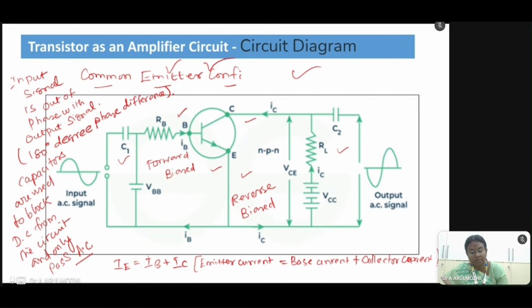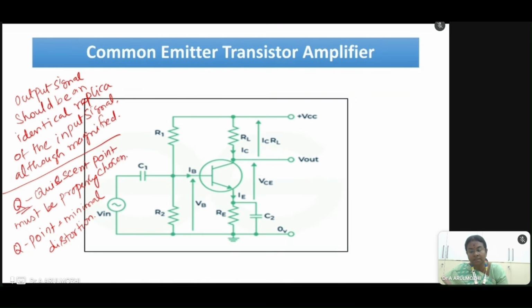So if you are using the transistor as an amplifier of class A type, this Q point is very close to the load line center.